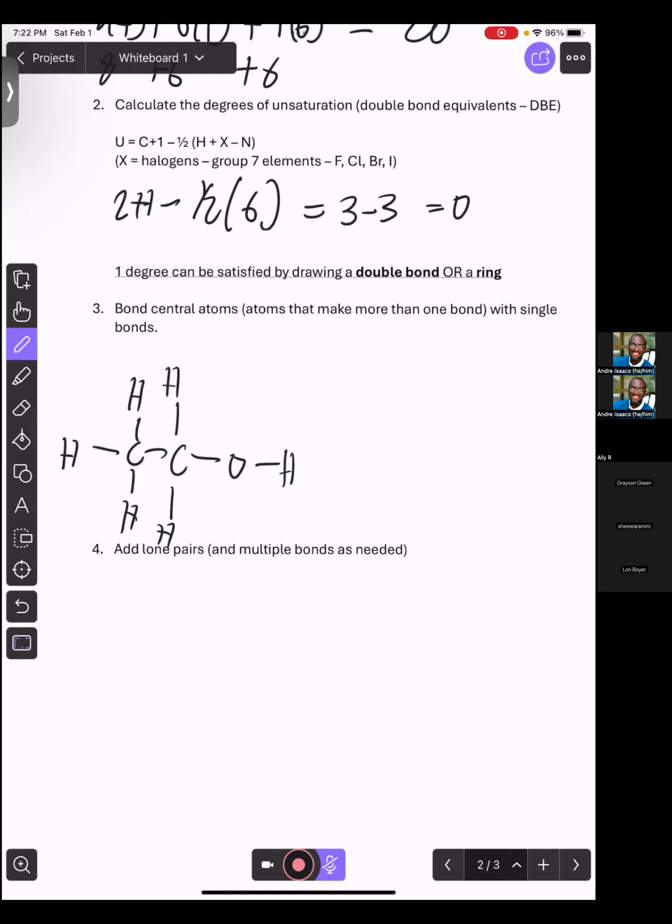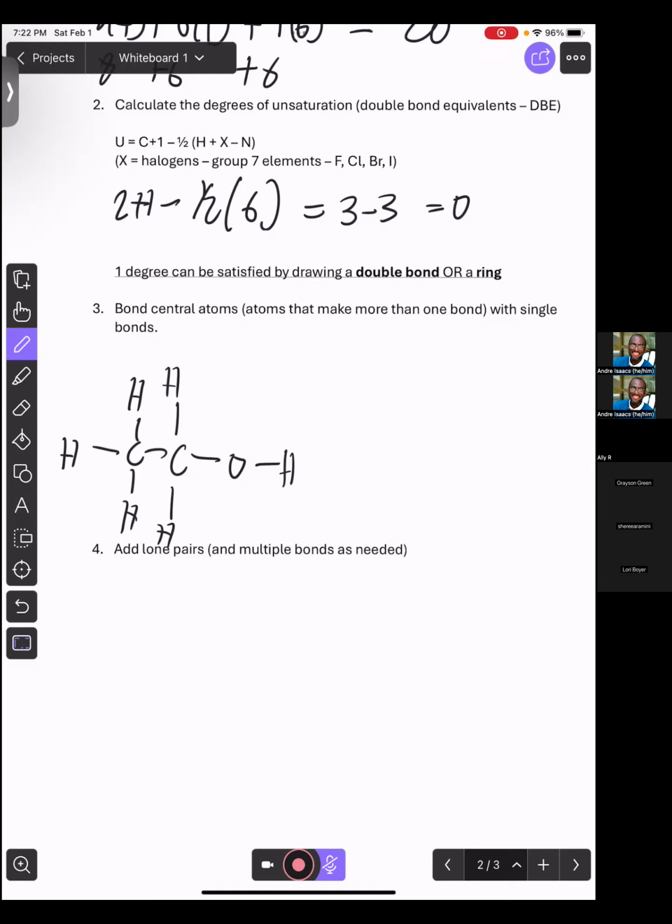So why don't you look at this and tell me right now which atom needs lone pairs. Take 5 seconds to do that. So which atom needs more electrons? Oxygen, exactly.